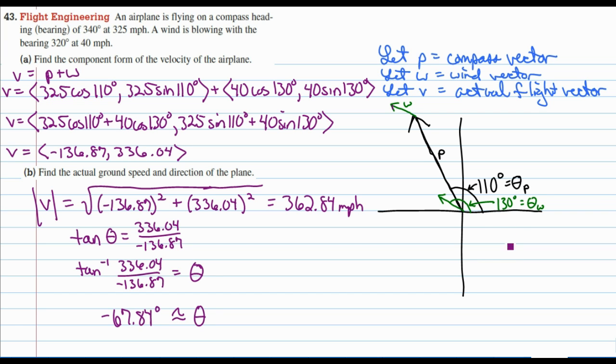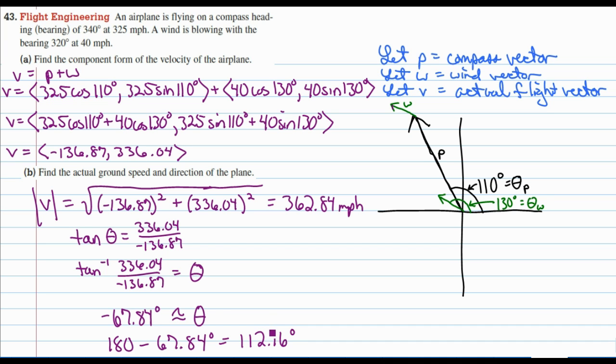However, that would land me in quadrant 4. I need to get that same reference angle in quadrant 2, so I'm going to take 180 degrees and subtract 67.84 as a reference angle to find out what theta that would be to get me in quadrant 2. So now I've got theta, which is a measurement from the positive x-axis to my vector, but I need a measure of navigation, which is clockwise from north.